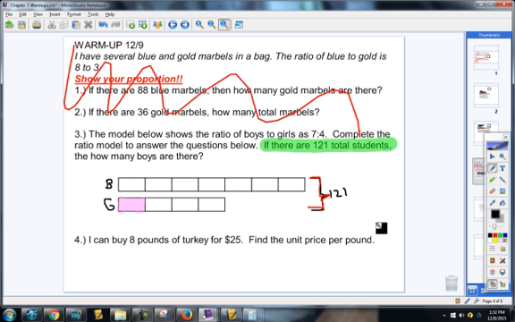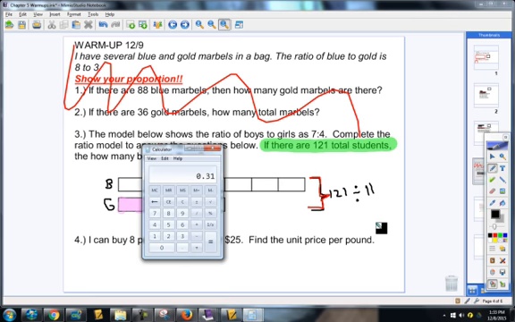So we're going to take 121 and divide it not by 4, not by 7, but by 11, because think about it, we have 121 representing both boys and girls. So we've got to do 121 divided by 11. That's going to give us 11.